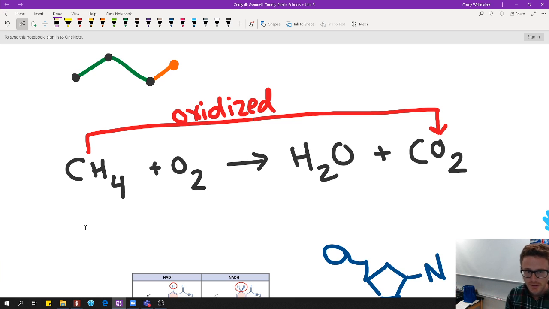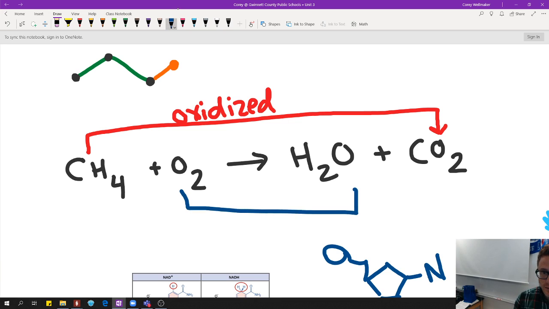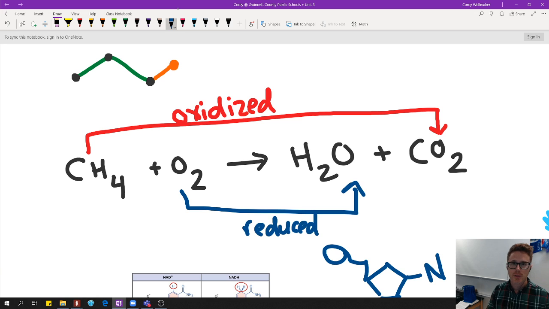So what's being reduced here? Oxygen. Oxygen is being reduced. We know that because electrons follow hydrogen. So as the electrons are stolen from carbon in the methane molecule, the hydrogens follow it, and you get the formation of water and carbon dioxide.